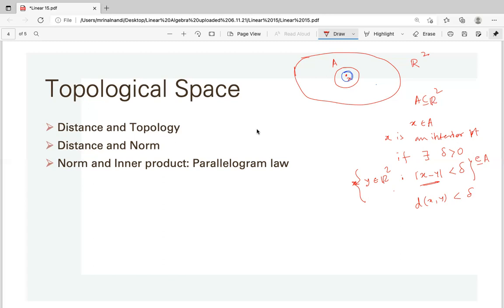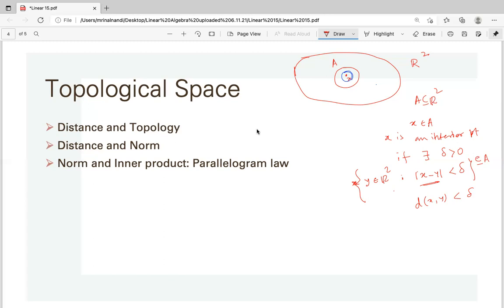It gives a different set of open sets. Now there are some conditions. How do you know the topological space has a metric which induces the same topology? This is called metrizable. Once a topological space has such a metric, it's called a metrizable space. We'll see that in the topology class, not in real analysis.